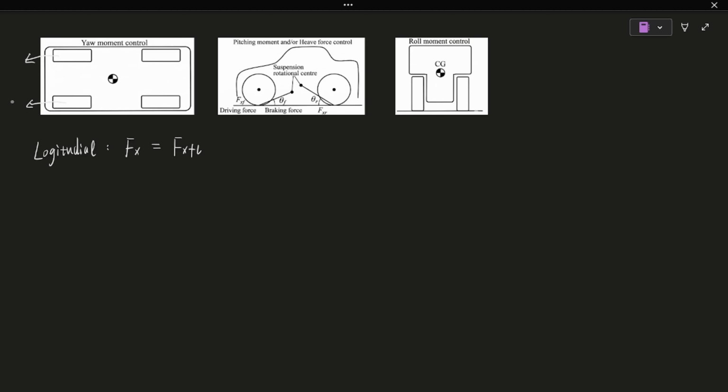This is left and this is right, plus Fx_FR, front right longitudinal force, plus Fx_RL, rear left, and plus Fx_RR, rear right. Okay, this is the first equation of longitudinal force.